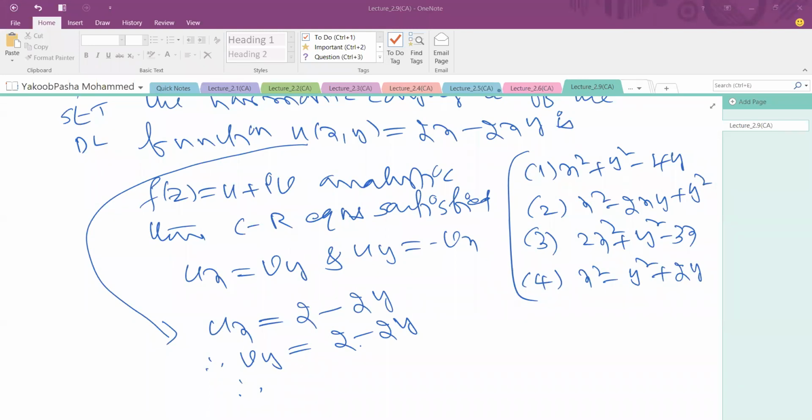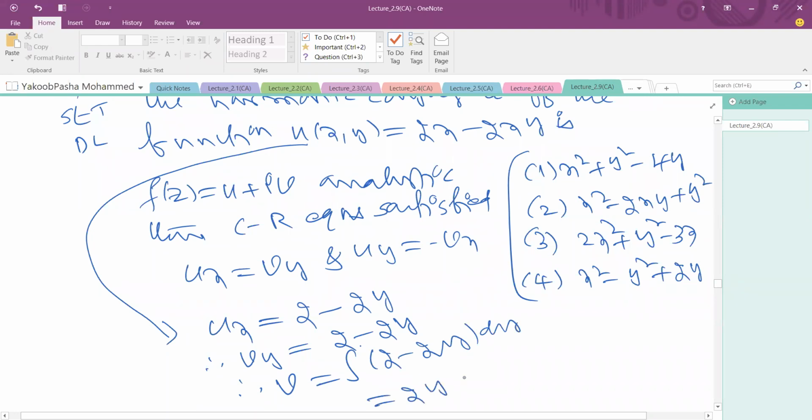One second. v is equal to the integration of 2 minus 2y with respect to y, that is 2y minus 2y square by 2, which means y square. Okay, 2y minus y square. No problem.